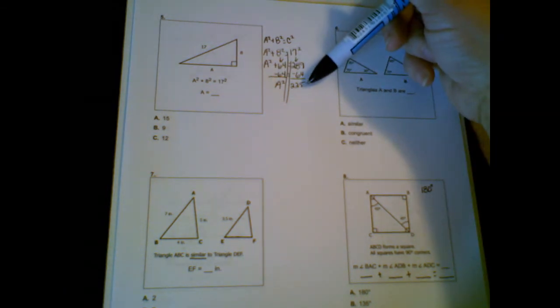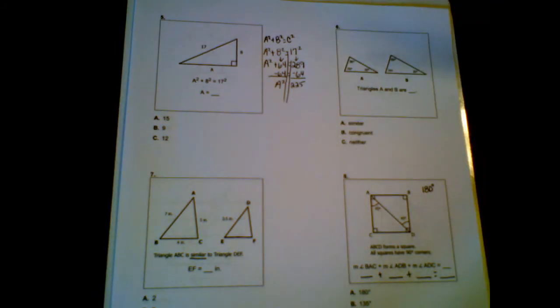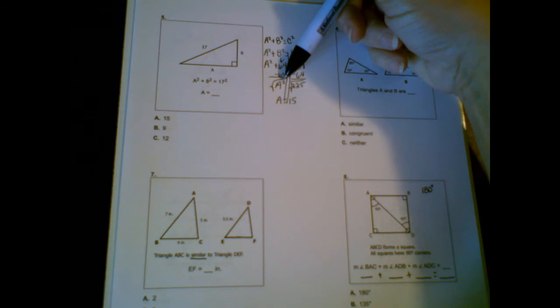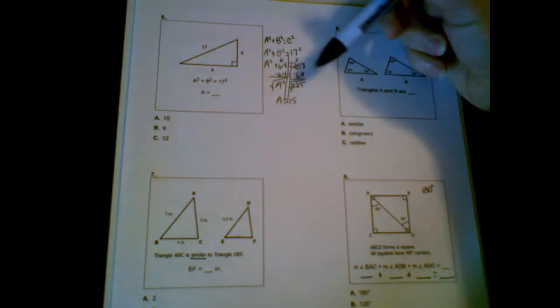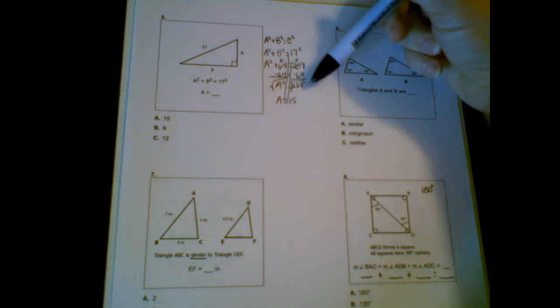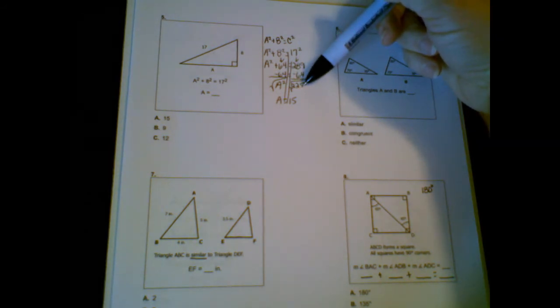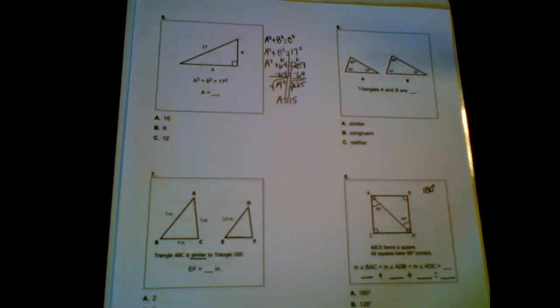We're left with A squared equals 225. And then, of course, to get rid of the square, we have to do the inverse, which is the square root. So we'll square root both sides, and the square root of 225 is 15, because 15 times 15 equals 225. And A is our first answer.